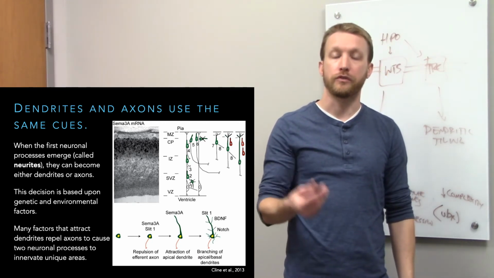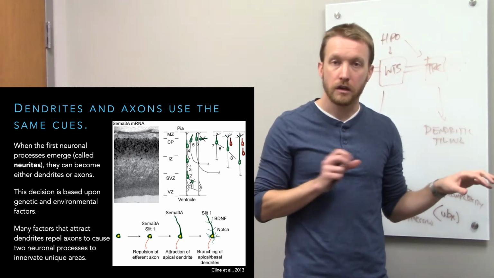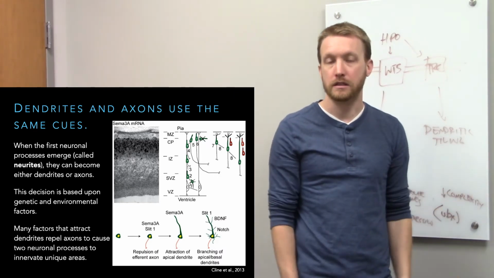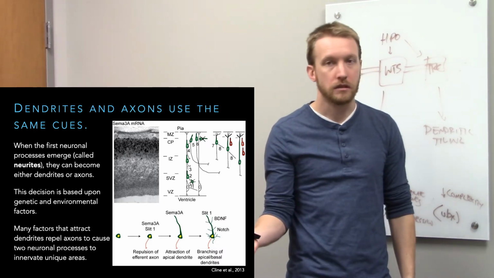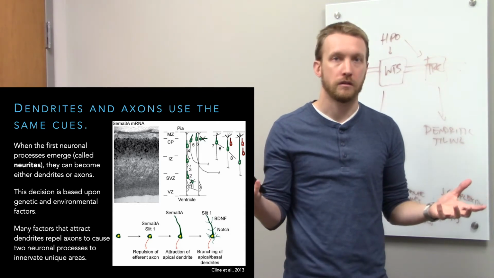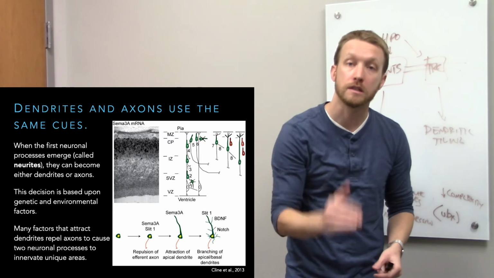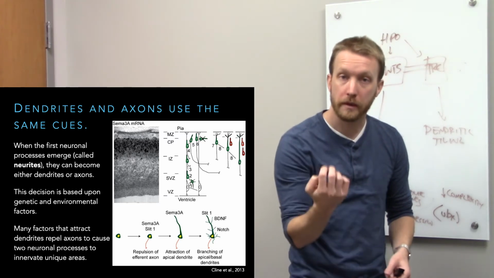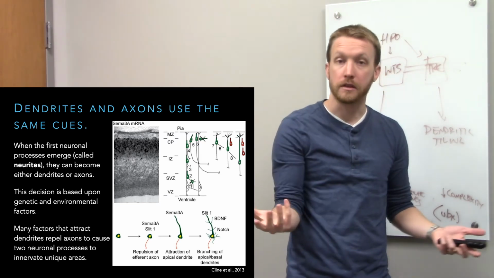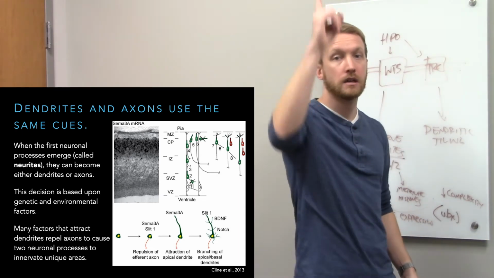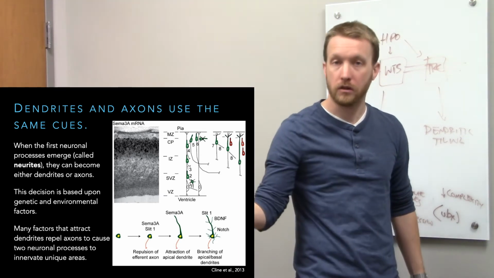So when neurons are first putting out their little neurites, they don't know if they're dendrite or axon. They have to make that decision based on where they are. So usually there's some kind of gradient to help identify what's up, what's down. Maybe I want to grow my dendrites up and my axon down if I'm in the cortex. There's no point in growing my axon up toward the surface. There's nothing to talk to there.